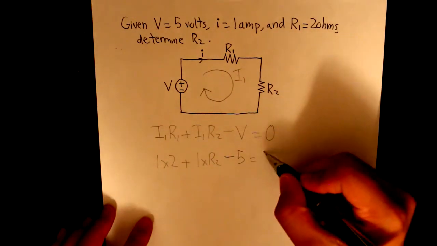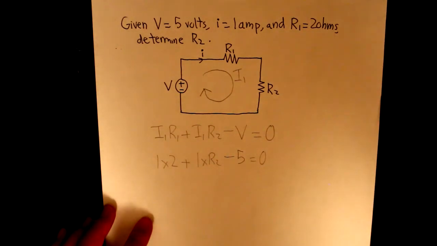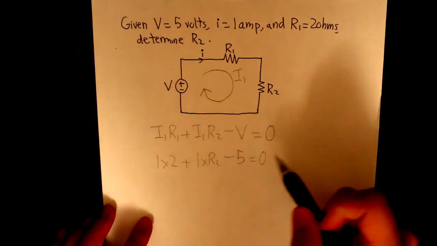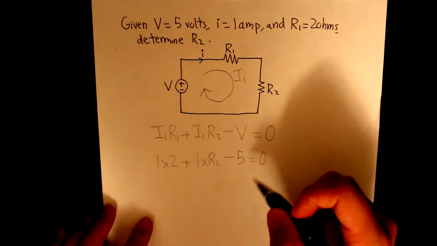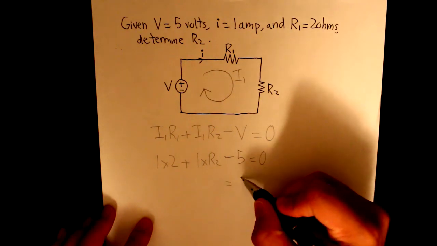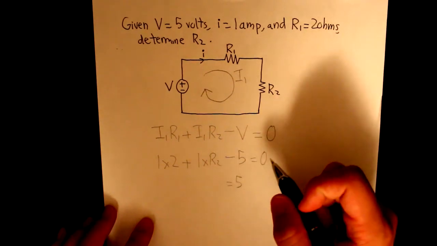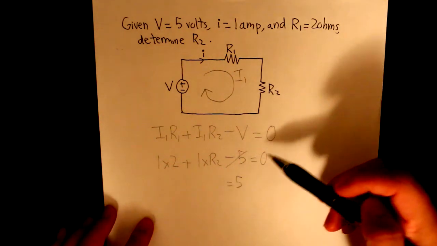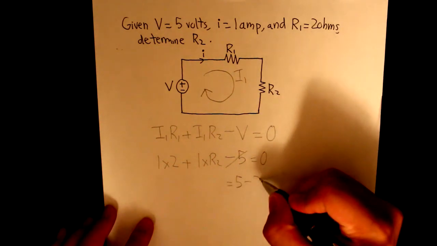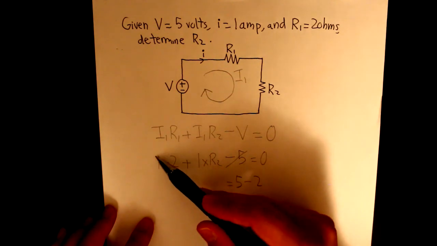So we'll isolate everything that is not R2 to one side to determine its value. We'll add 5 to both sides, so we get rid of this, and then subtract 2 from both sides, and we get rid of this.